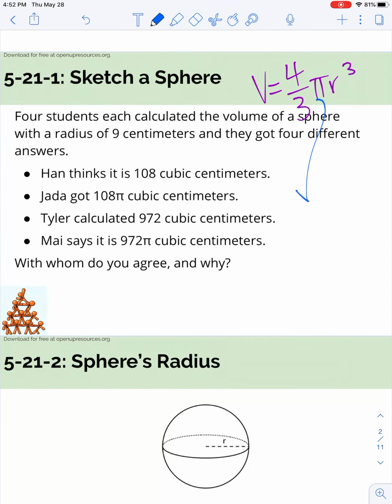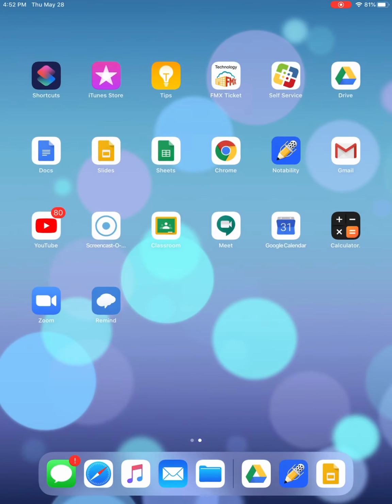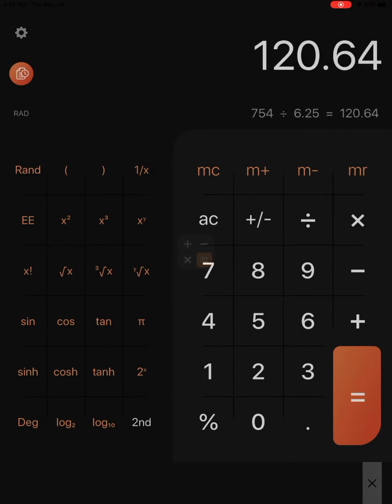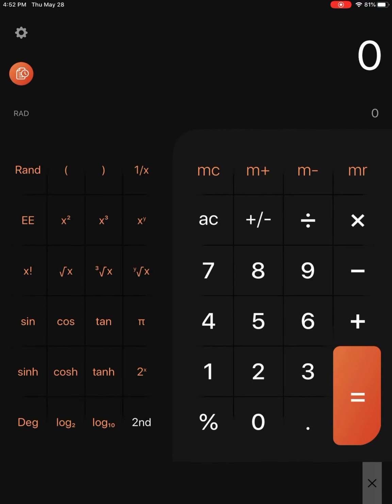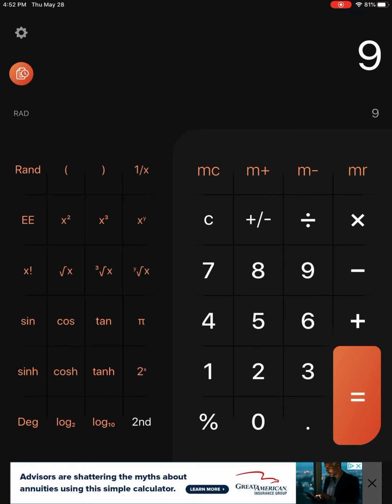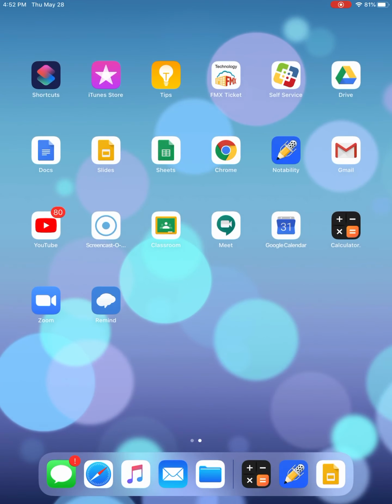So we're going to go from here, and then volume equals 4 over 3 pi times 9 cubed. I should know what 9 cubed is, but I don't know anymore. Okay, 9 times 9 times 9, 729.